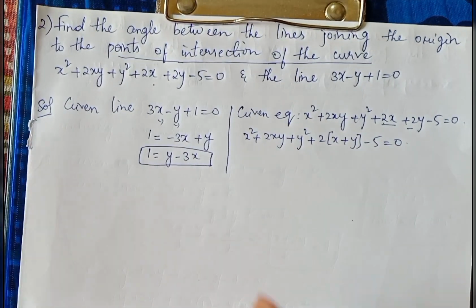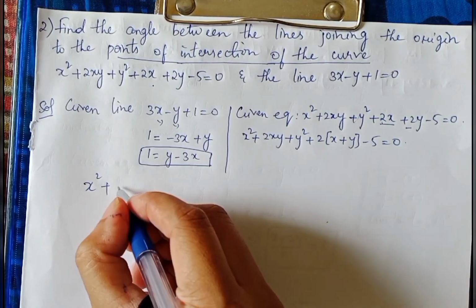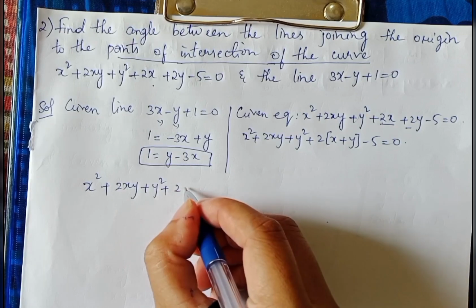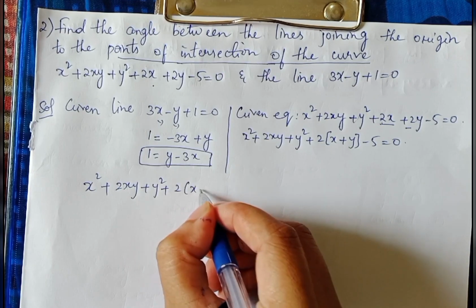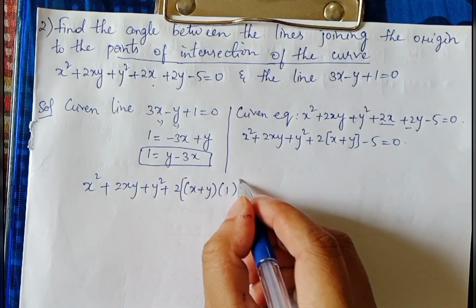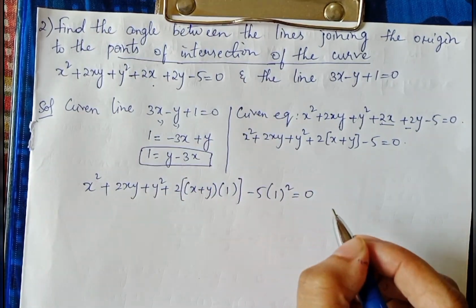Now homogenizing our equation, x square plus 2xy plus y square plus 2 into x plus y into 1, and minus 5 into 1 square.